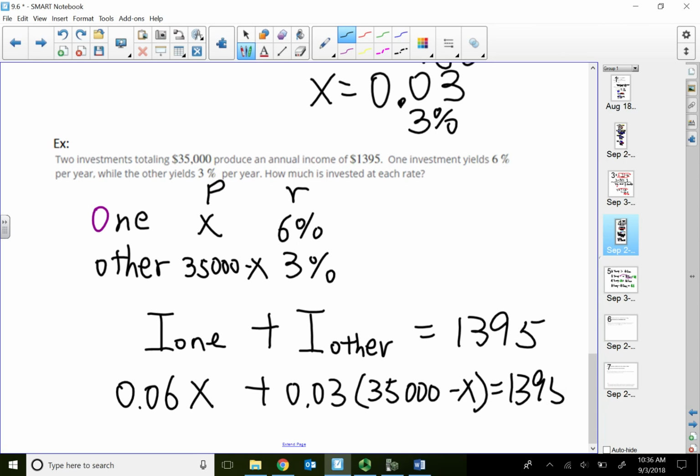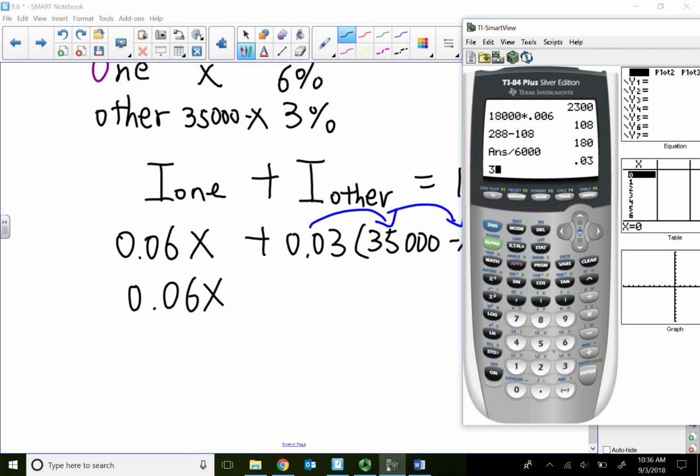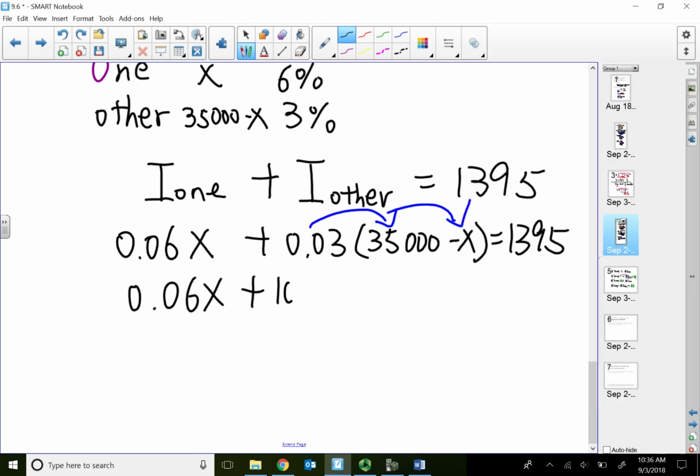All right, now I'm just going to do a quick distribution. And let's see what I got. 0.06x, $35,000 times 0.03, 1050, minus 0.03x equal to 13.95.